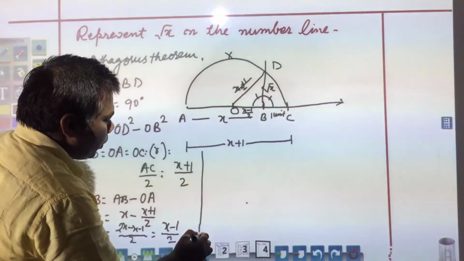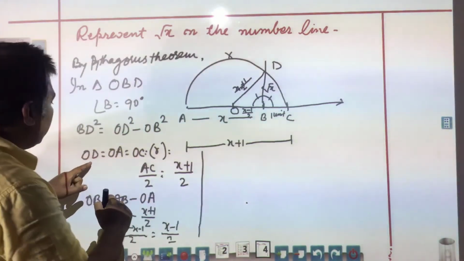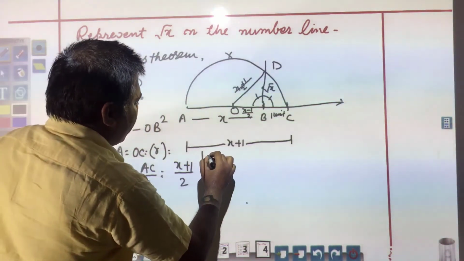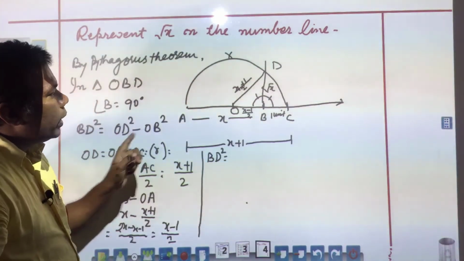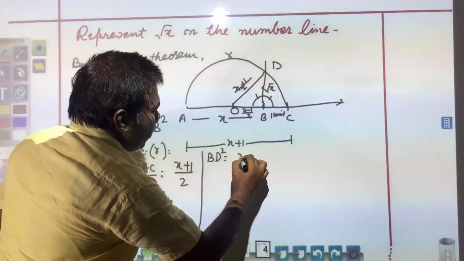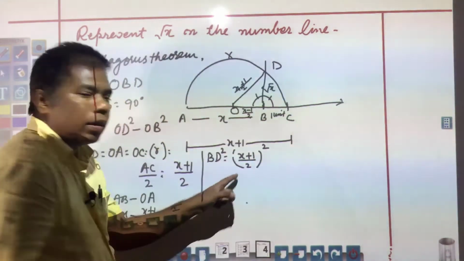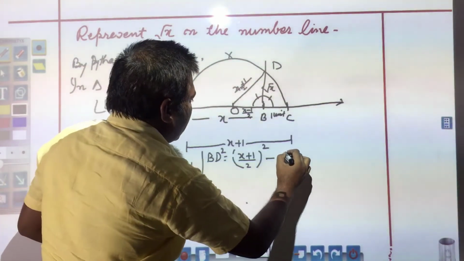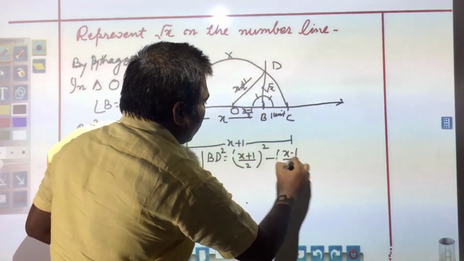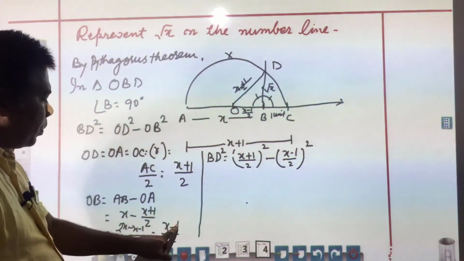Now, you need to put the value. Here you see this BD square will be equal to OD square, OD square means x plus 1 by 2 whole square, minus x minus 1 by 2 whole square, because OB is equal to x minus 1 by 2.